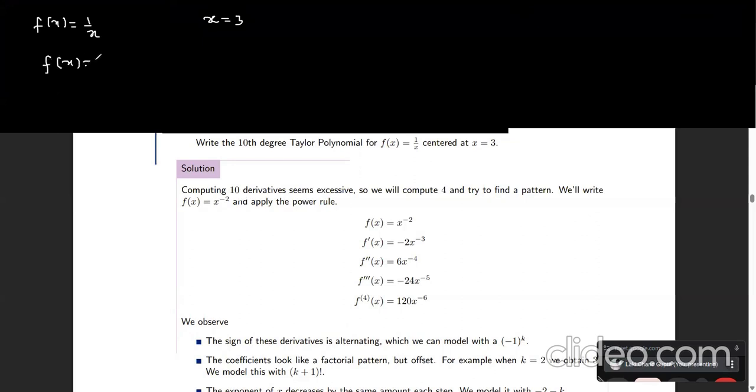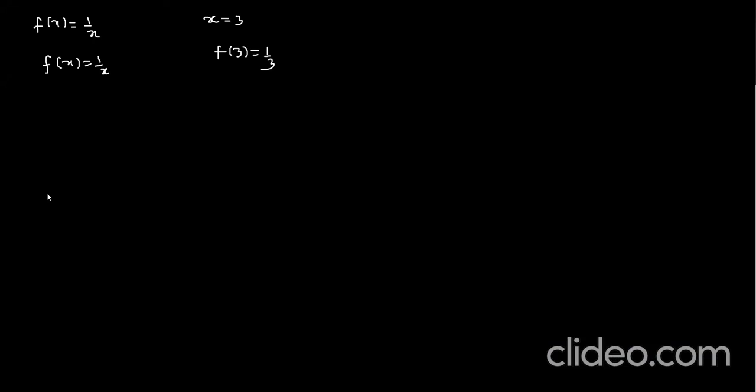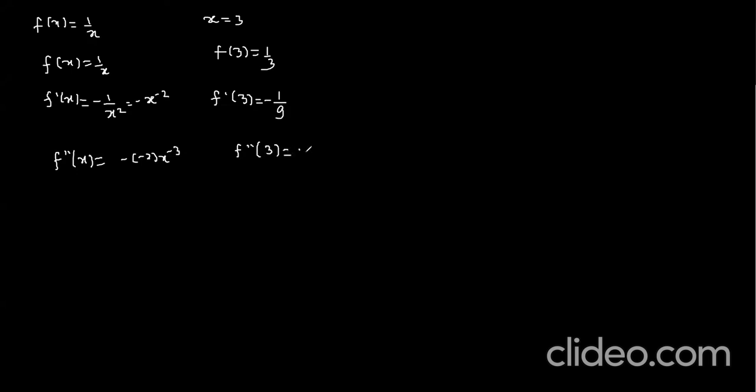So f of x is equal to 1 upon x. f of 3 will be 1 upon 3, right? f dash x is minus 1 upon x square. 3 square means 9, right? f double dash x, you can write 2 upon x cube. Minus 3 is what? In denominator.